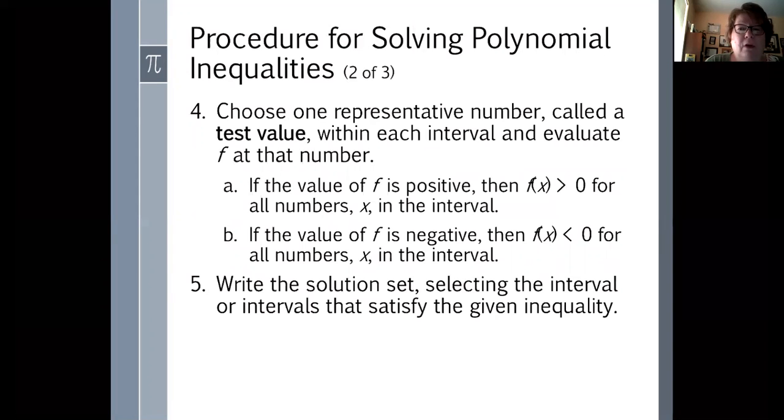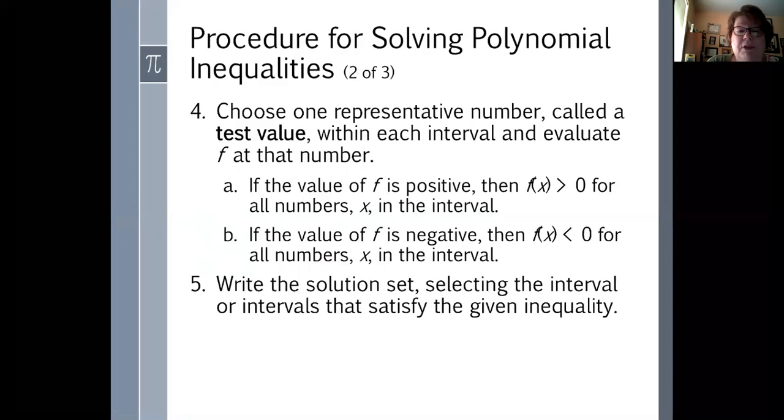If the value of your function is a positive number, then your function will be positive or greater than 0 for all the numbers in that interval. If the value of the function at your test value is negative, or f of x is less than 0, then it will be less than 0 for all the numbers x in that interval.